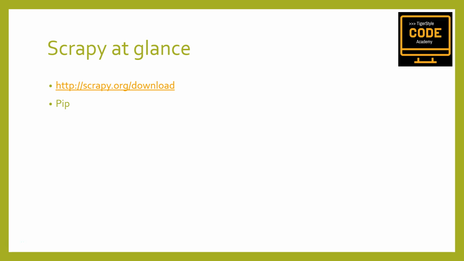So although writing Scrapy crawlers is relatively easy, there is a small amount of setup that needs to be done for each crawler. So I assume that you have Scrapy installed correctly.